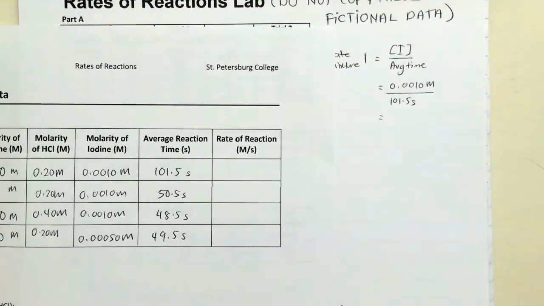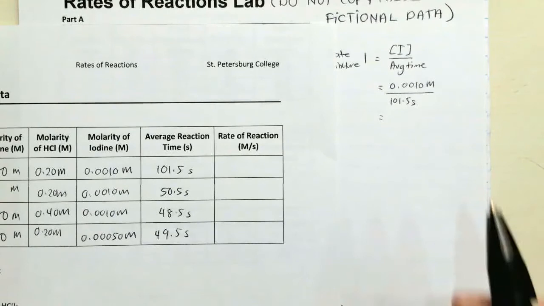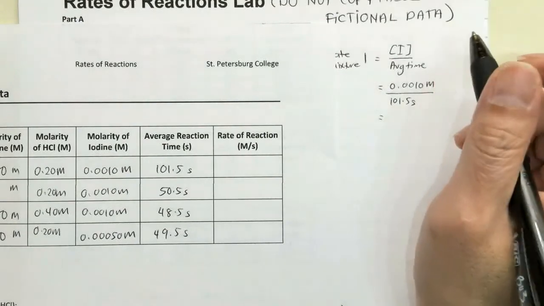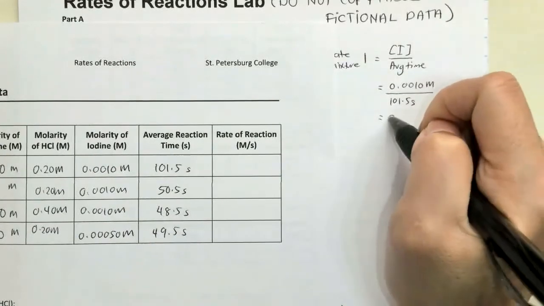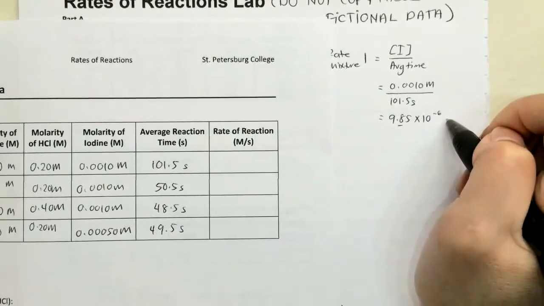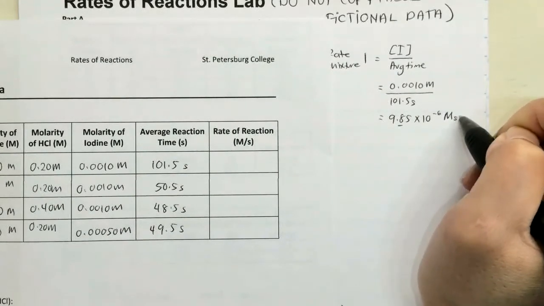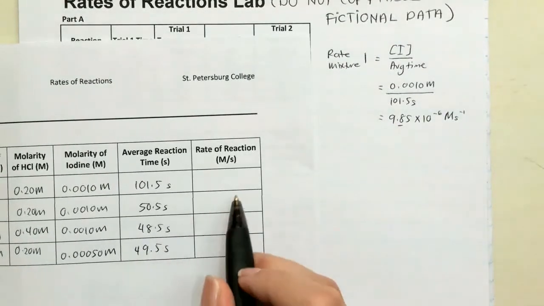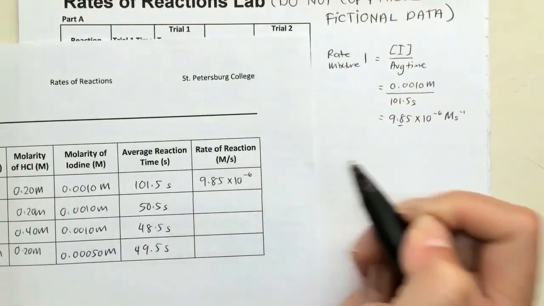I got 9.8522 times 10 to the minus 6. Technically we're only keeping 2 significant figures here, but I like to write a little extra, so I'll write 9.85 times 10 to the minus 6 molarity per second. Per second can be written as divided by s or s to the minus 1. That's the same thing. So I'm going to write that down on here: 9.85 times 10 to the minus 6.